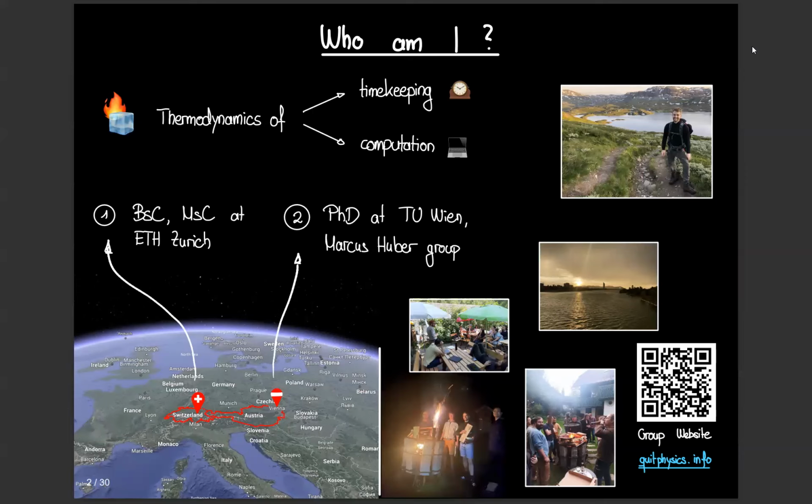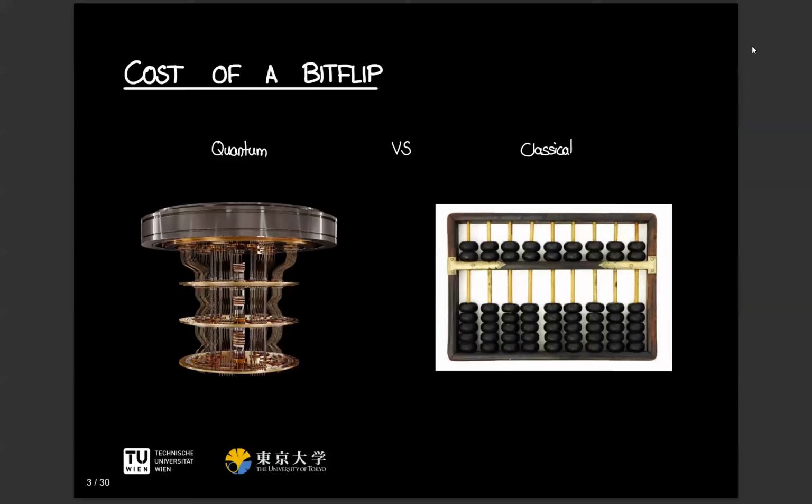What I will talk about is this side quest I've been on for a couple of years now: the thermodynamics of computation. To motivate this initial question, we want to compare, from a practical perspective, a computational platform using quantum dynamics versus a classical platform.